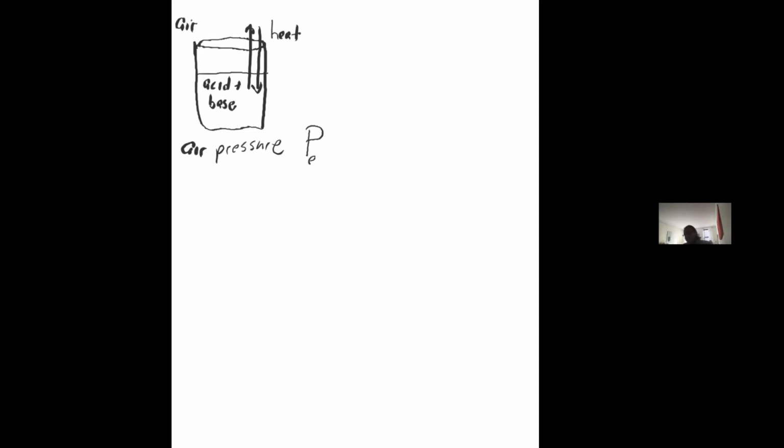So either external, which means from the outside, or atmospheric pressure. Now, the significance of this is that when you run a reaction, that pressure from the atmosphere is constant.